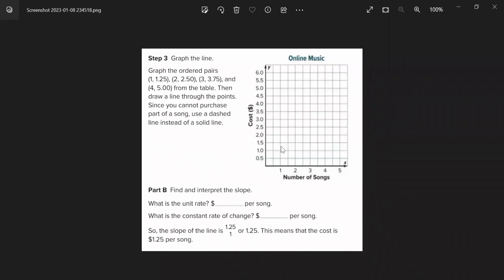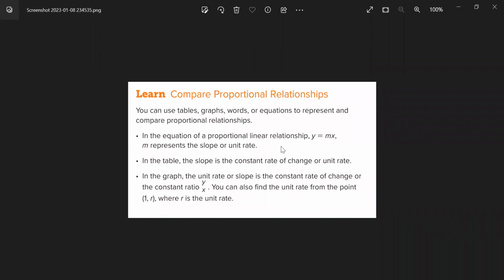Now, learn to compare proportional relationships. What is this? You can use tables, graphs, words, or equations to represent and compare proportional relationships. In the equation of a proportional linear relationship, y equals mx, m represents the slope or the unit rate.